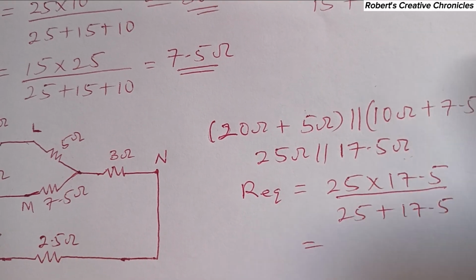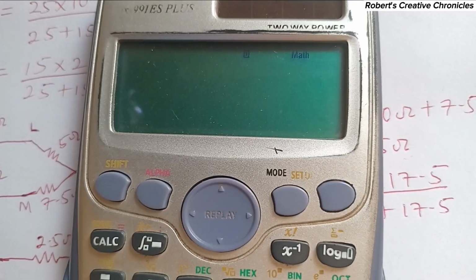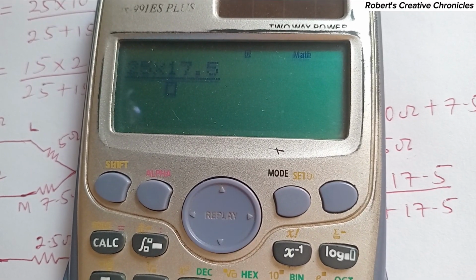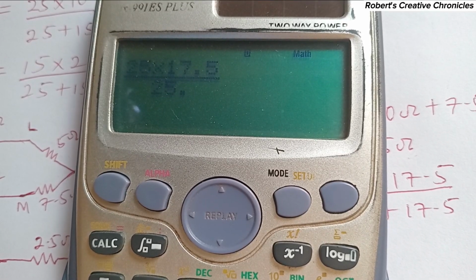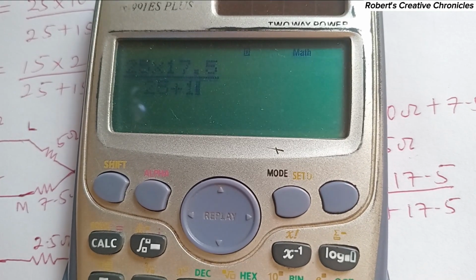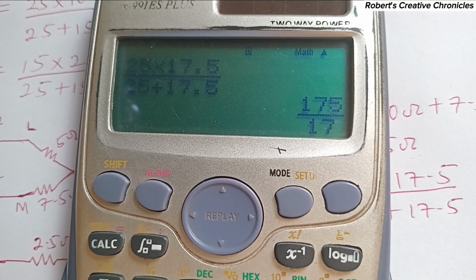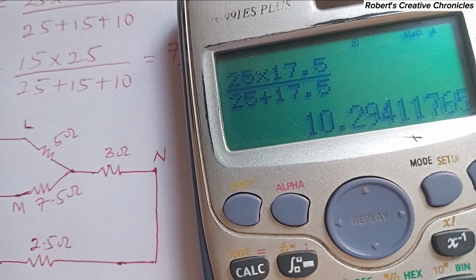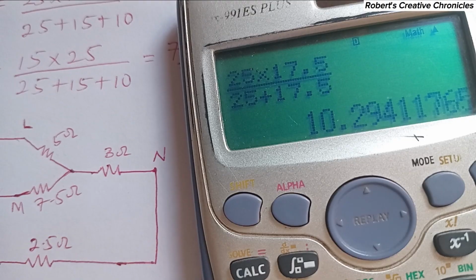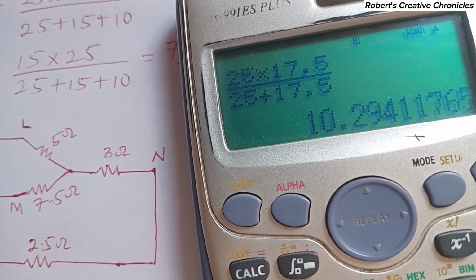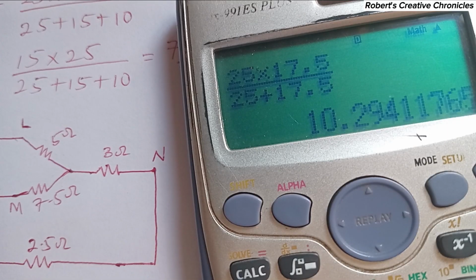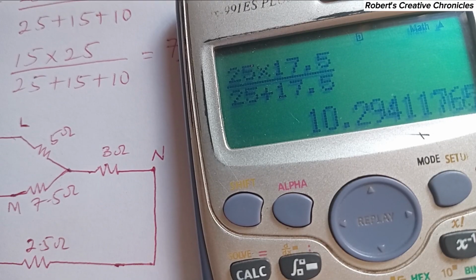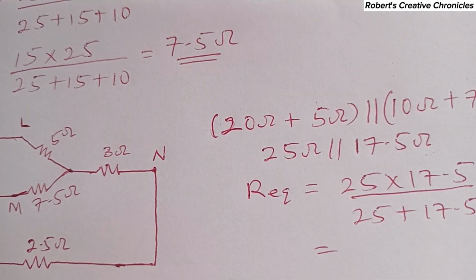So 25 times 17.5 over 25 plus 17.5 becomes what? 10.2941. Since I'm still going to use this resistance in another calculation, I'm not going to approximate it too much.